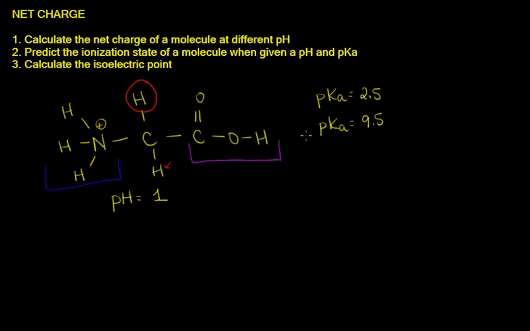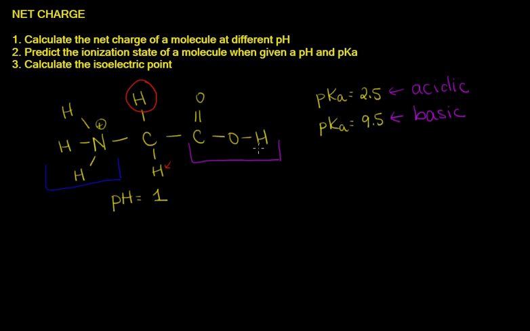Okay, and I've given you two pKa's over here. And looking at the pKa's, you can tell that one of these numbers is lower than the other. Remember the lower pKa is more acidic, so this one is more acidic, and this one is more basic. And what we know from the functional groups is that the carboxylic acid likely has the lower pKa.